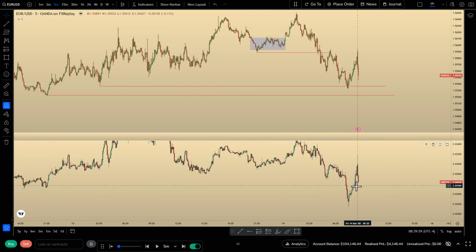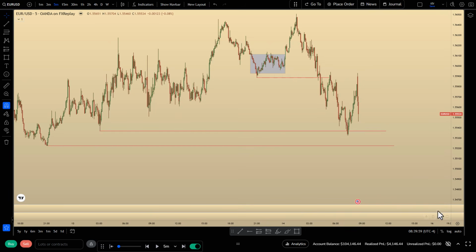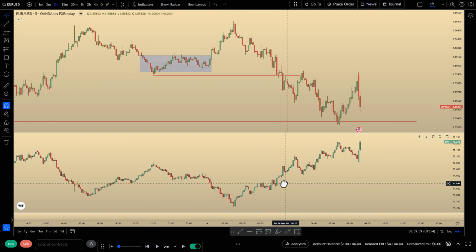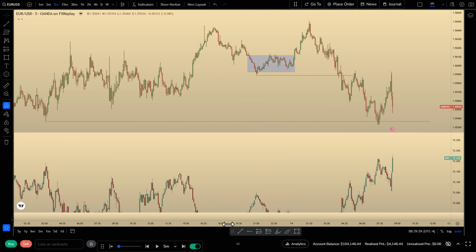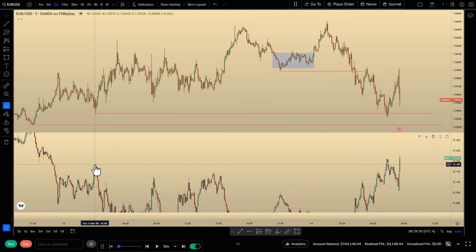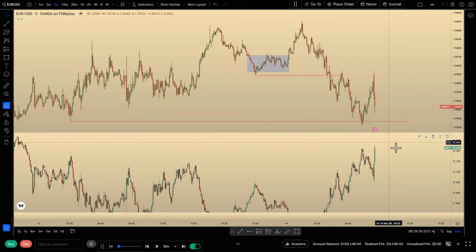But alright, we might have an SMT, so we don't have to take it because GU took it, right? What about DXY? Same thing for DXY, or actually no. So we have SMT on GU, and we have a break of structure right here, and we might have an SMT with DXY locally right here.